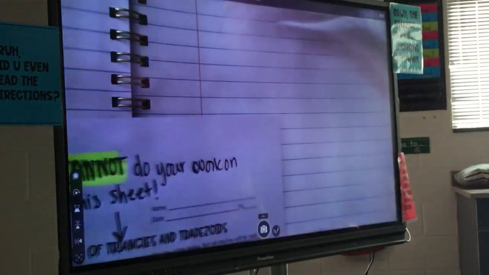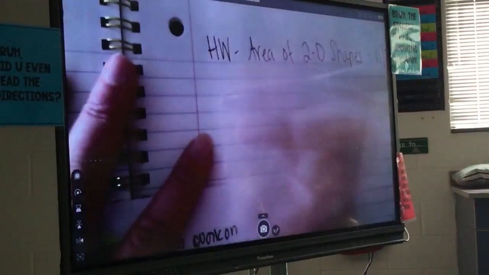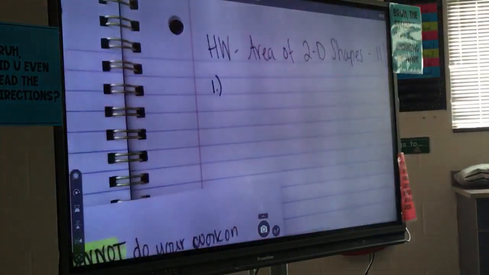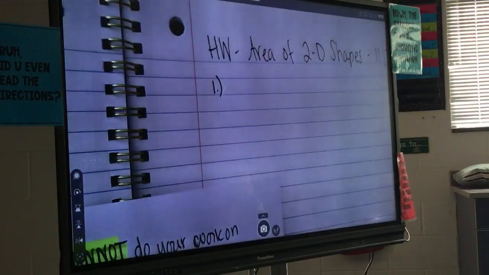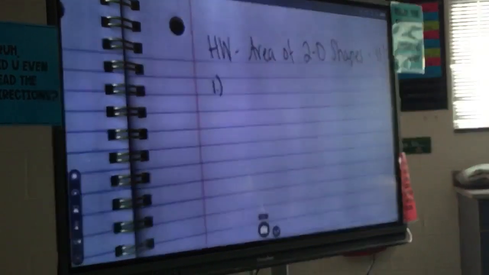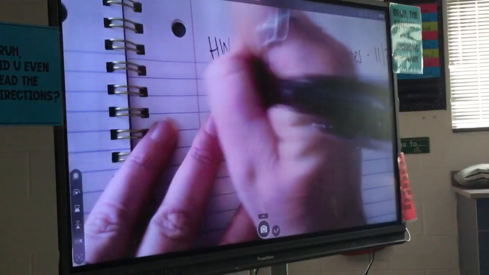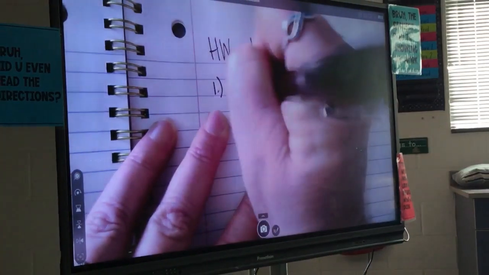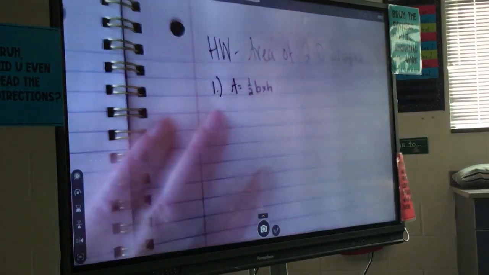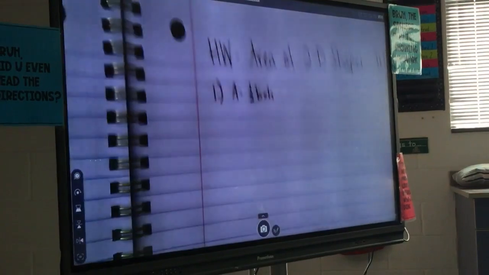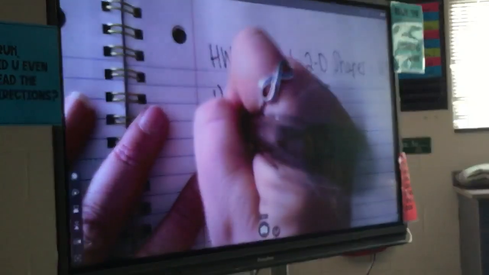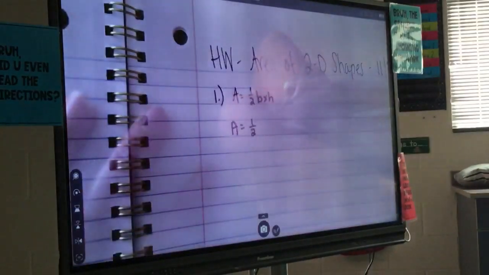All right, so number 1. We're finding a triangle. So the very first thing that I'm going to do is I'm going to write the formula to find the area of a triangle. So I'm going to write A equals half the base times the height. So then A equals half times, what was my height?